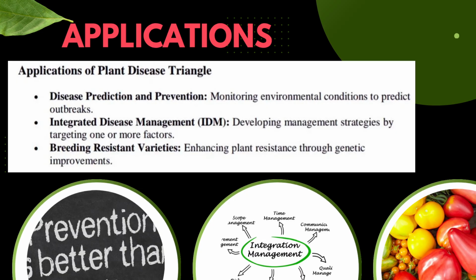Second is IDM, that is integrated disease management. Once the plant gets infected by the pathogen, all kinds of management should be done to manage the disease. The last one is breeding resistant varieties. By selecting disease-resistant crops or plants, one can get rid of diseased pathogens and susceptible plants.